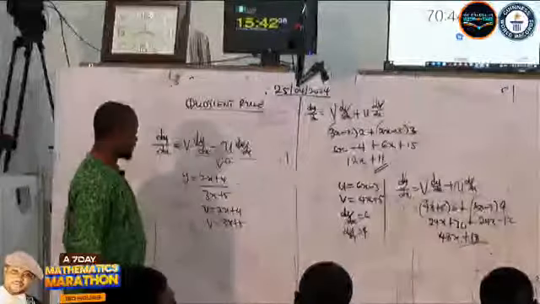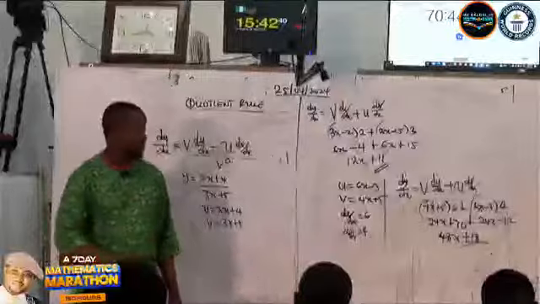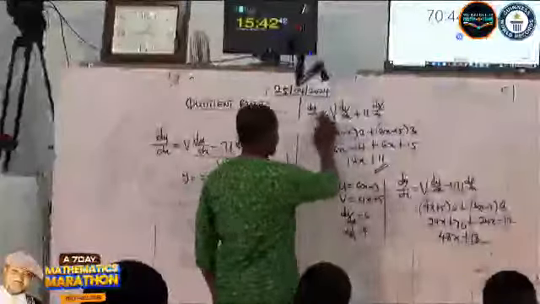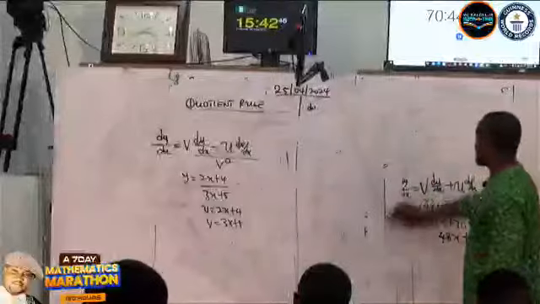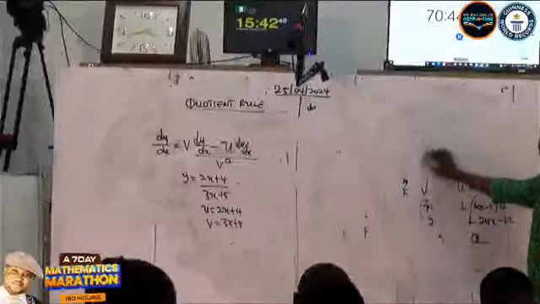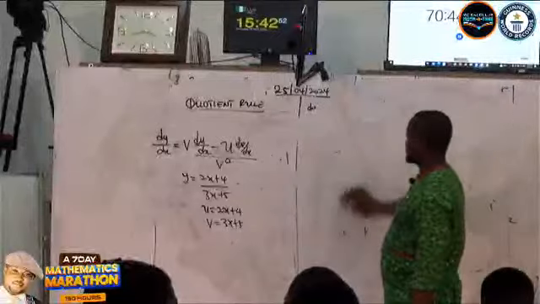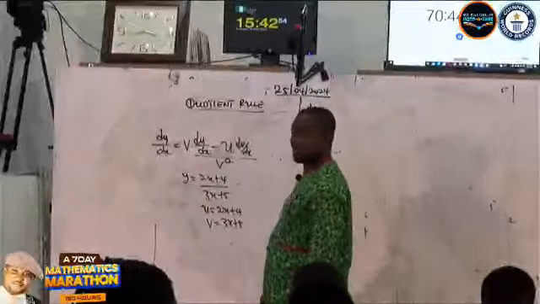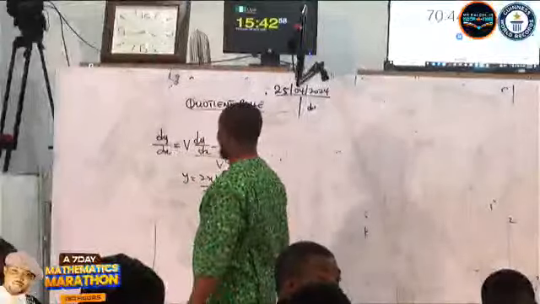So therefore, when you now differentiate that, you have du over dx.